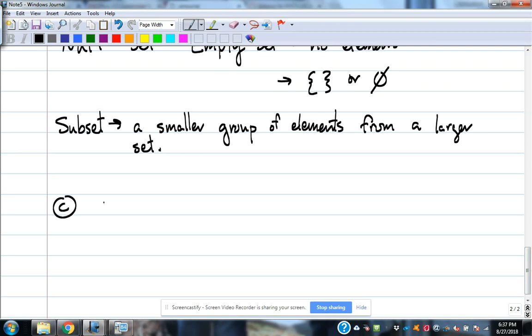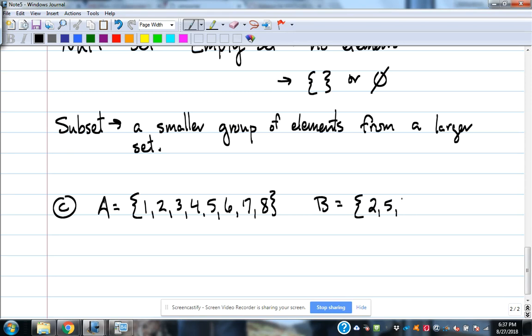Example C. Set A is this one: 1, 2, 3, 4, 5, 6, 7, 8. I'm just listing them all because it's a pretty small set. Set B: 2, 5, and 7. Here's the question.